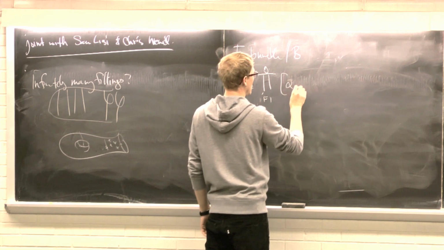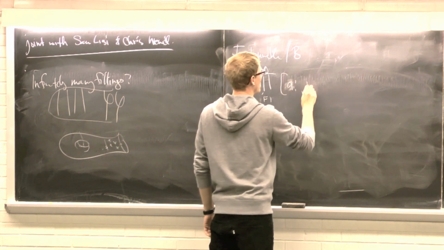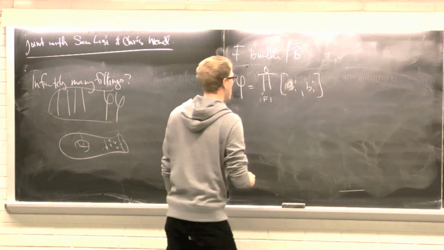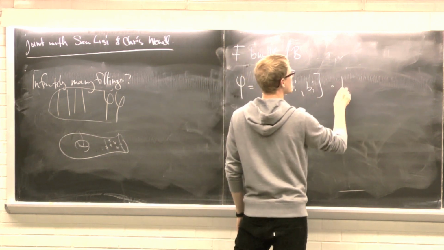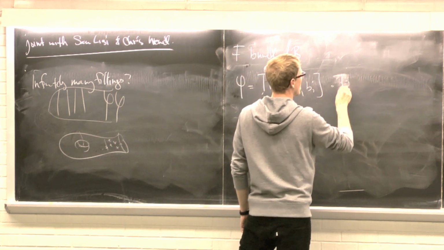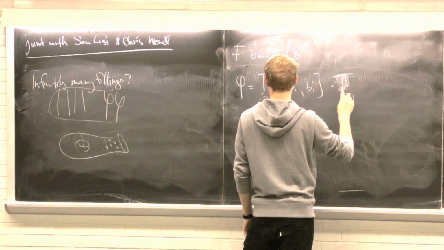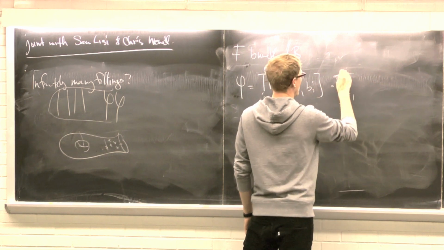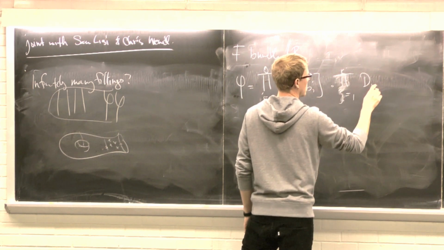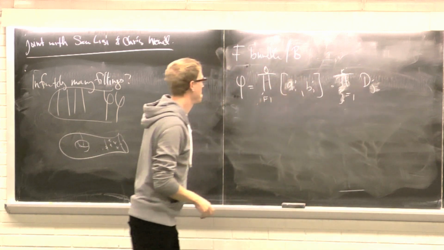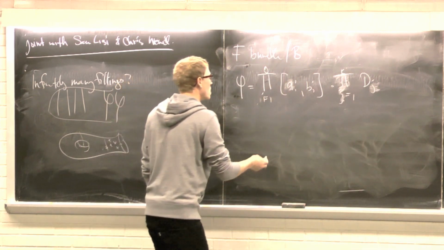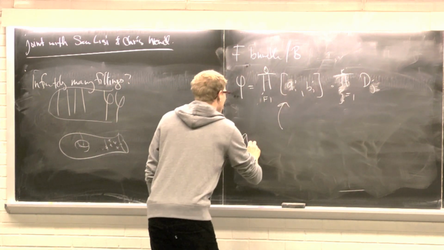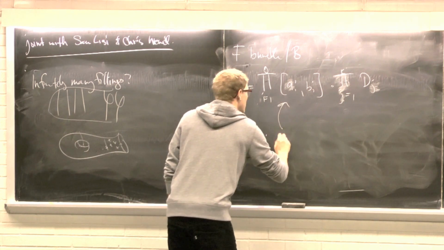I'm calling them A_i, B_i, times some number of Dehn twists. So in this part here, we have A_i, B_i, and D_j.